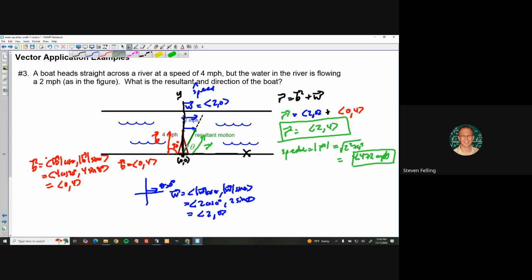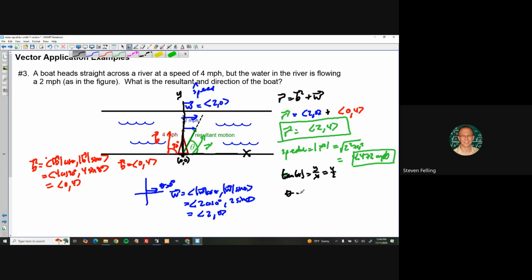Right? So if you're going 4 miles per hour this way, and you're getting pushed 2 miles per hour this way, your speed relative to the Earth is actually 4.47 miles per hour. And if I wanted to know this angle, I could say that the tangent of that angle, let me use a different color here, the tangent of that angle has to be the y component over the x component, which is 4 over 2.